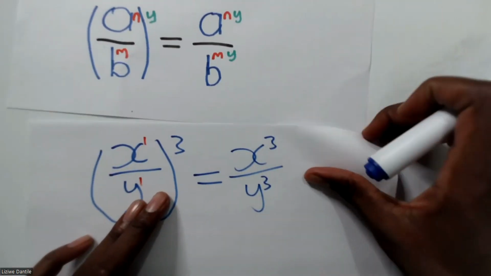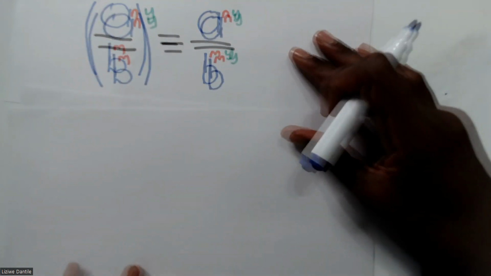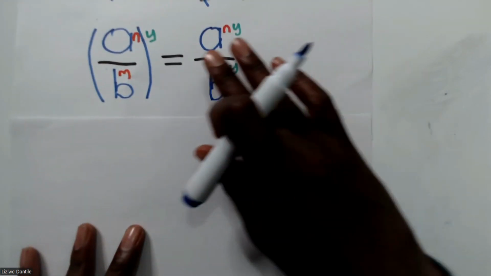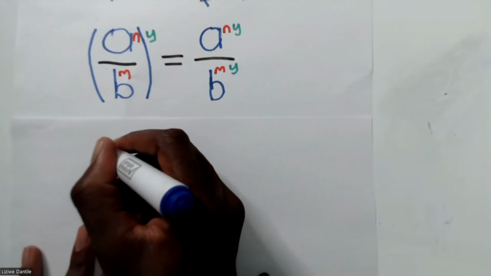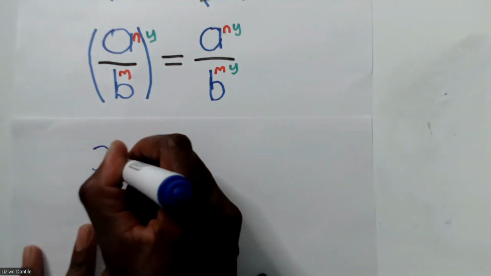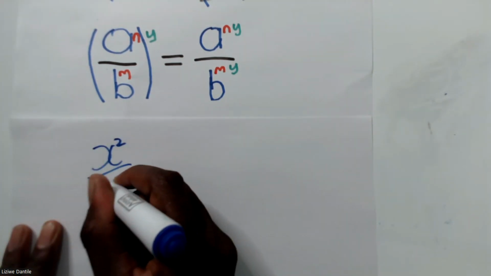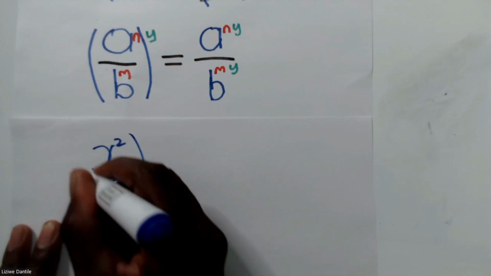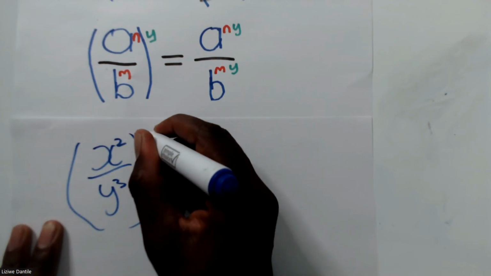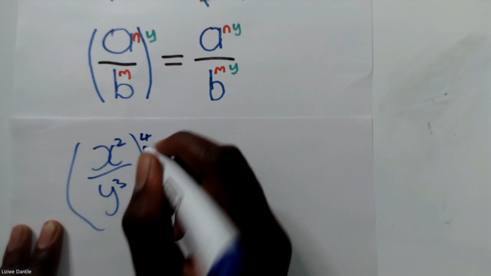Taking this rule further, let me use the second example. Imagine I have x squared over y cubed, all to the exponent 4.